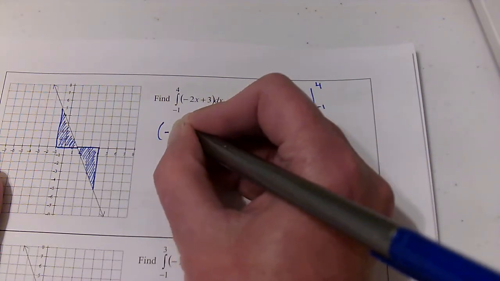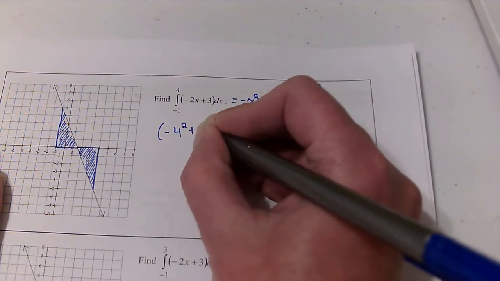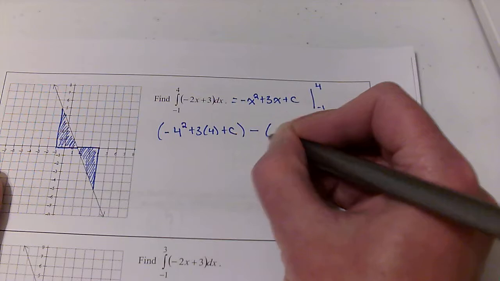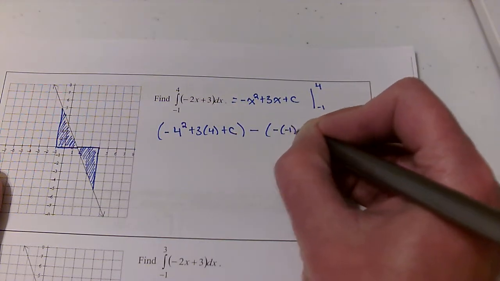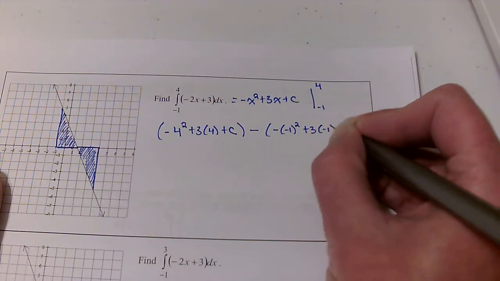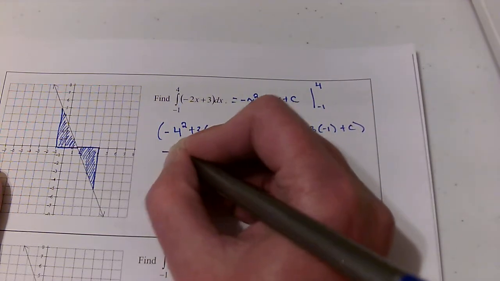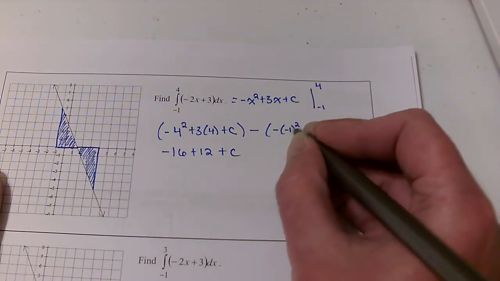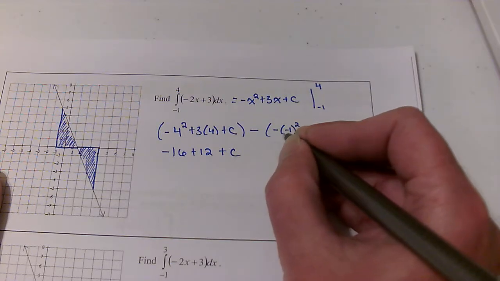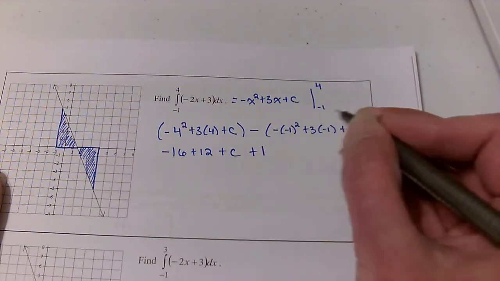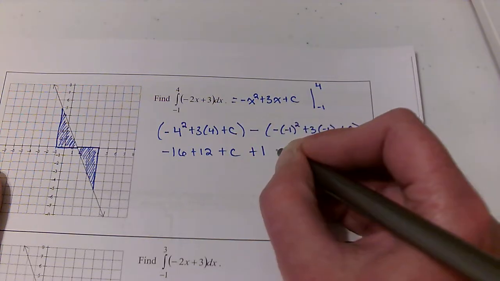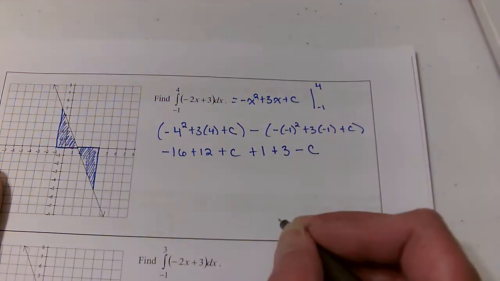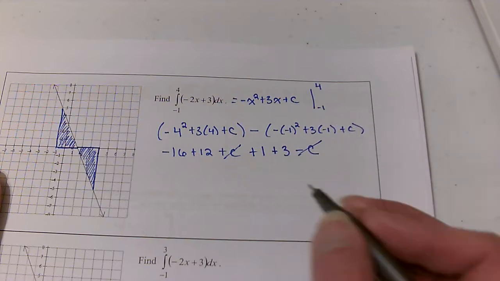So when I plug in 4, minus plugging in negative 1, I get negative 16 plus 12 plus C. So negative 1 squared is 1, but that becomes negative and then another negative, so plus 1. It's a negative 3, but we're subtracting it, so that becomes plus 3. And then minus C. What's happening to those C's every single time?